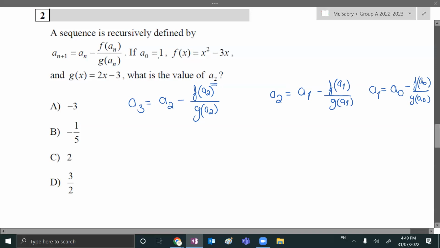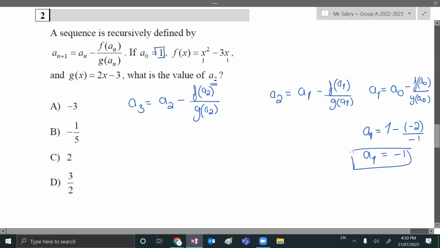Now, a0 is 1. So now a1 is equal to 1 minus f of a0, which means f of 1. I'll put here 1 and here 1. 1 to the power of 2 minus 3 is just negative 2, over g of 1 still, which means 2 times 1, 2, minus 3 is just negative 1. This will get me a1 equal to 1 minus 2, negative 1.